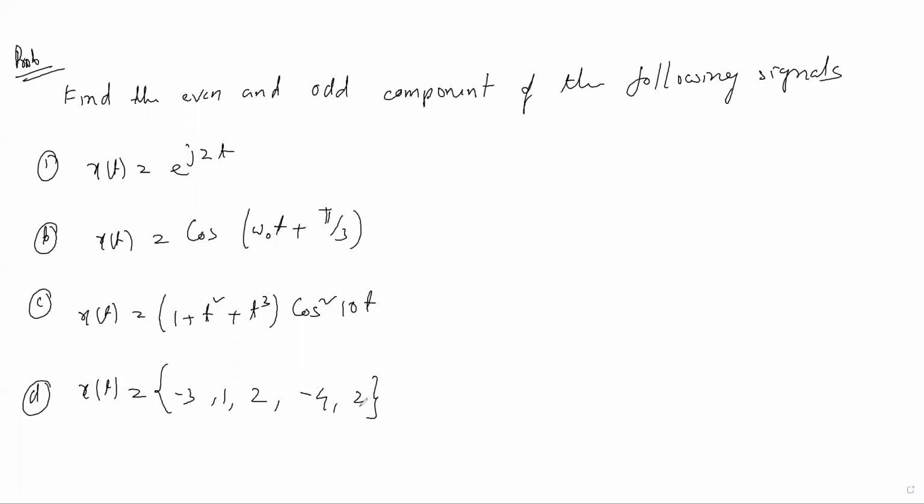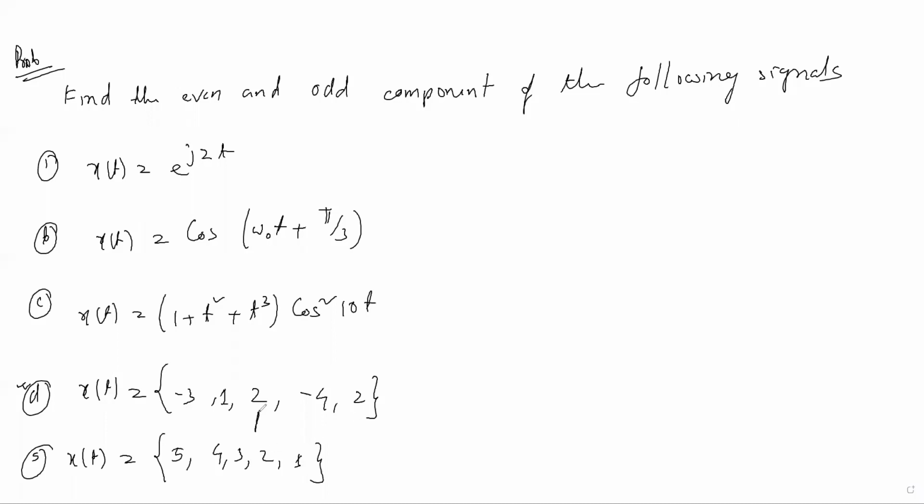We should know the discrete time signal as well. This fourth number equation is for discrete time signal. What will be the equation for discrete time signal? You have to just replace t with n. Fifth number is x of t equal to 5, 4, 3, 2, 1.